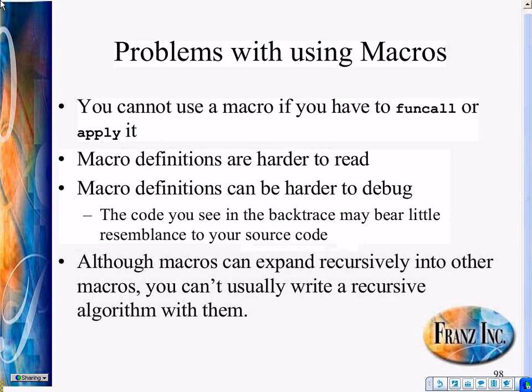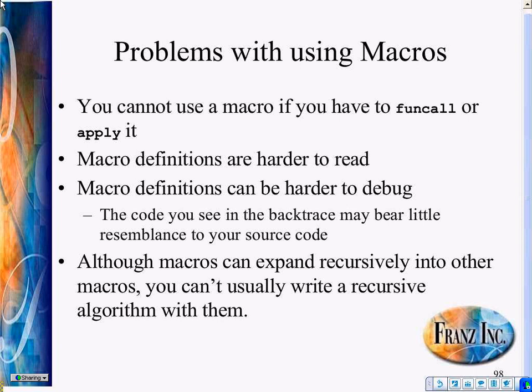Much more so than functions, because functions are often clearer since they don't have these commas and backquotes and @ signs. Even more important when you're developing code is that macro definitions are harder to debug, because by the time the code is actually being evaluated, the macro definition itself has disappeared and been replaced with the macro expansion.